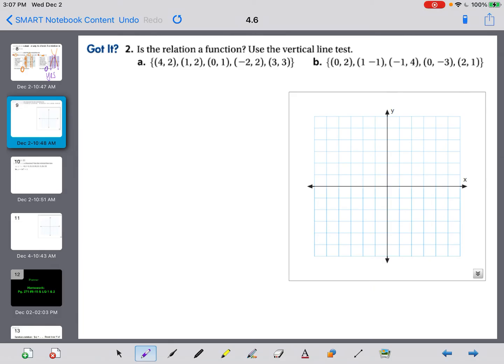All right, I'm going to do letter A for you here to show you, and then you can try letter B. All you're going to do is graph the points. Over 4 up 2 puts me right here. Over 1 up 2. Over 0 up 1. Back 2 up 2, and over 3 up 3.